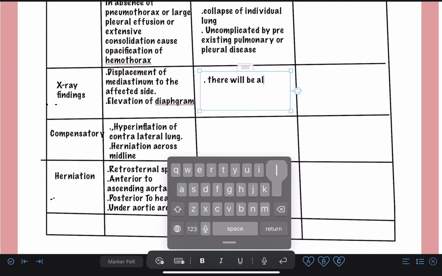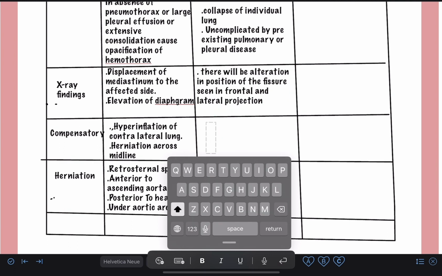There will be alteration in the position of the fissure seen in frontal and lateral projection. Indirect signs of collapse will not occur.